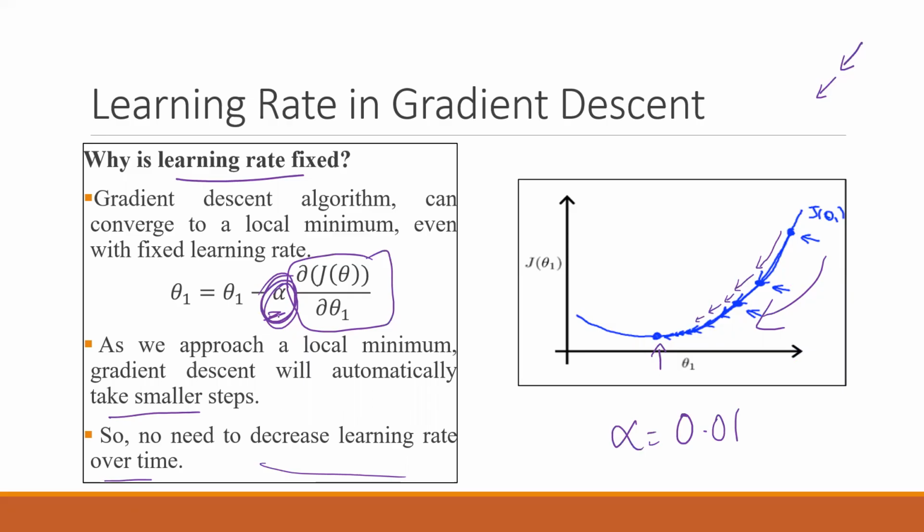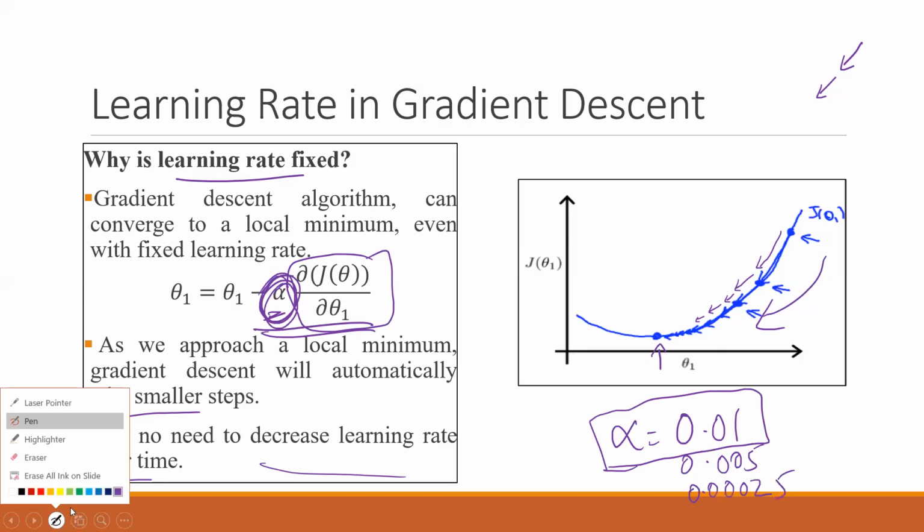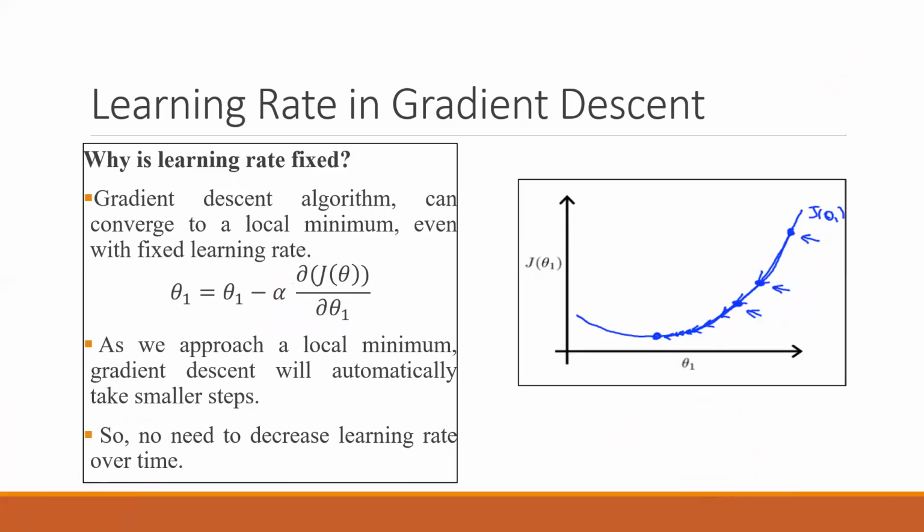No need to keep the alpha as a variable. We do not need to make it half every time. Let's say that you are making this half every time, so that's not required. It just means that even if you are keeping it as a constant, the slope is taking care of the step size, because it is a multiplication factor here, and overall it will be affecting the learning rate also.